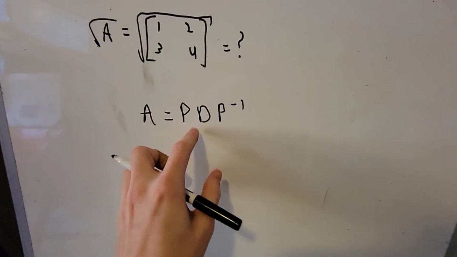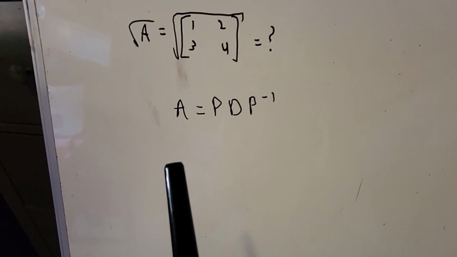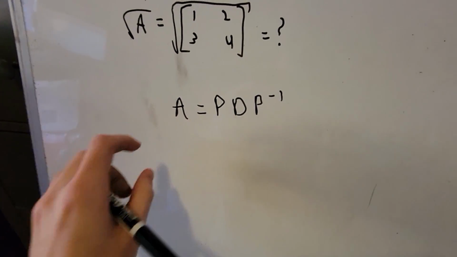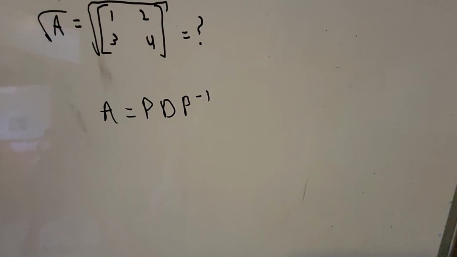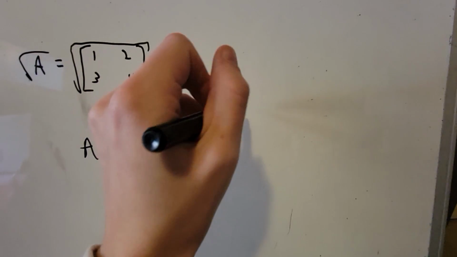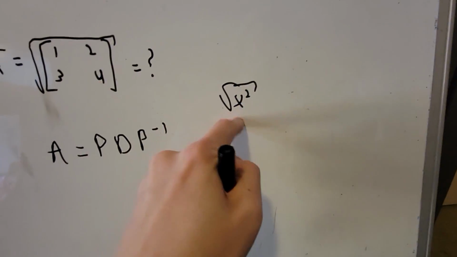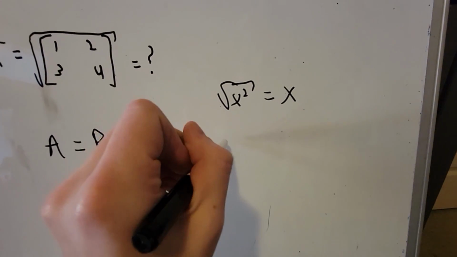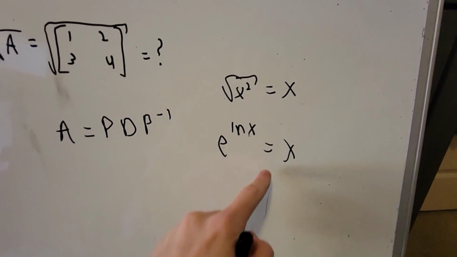And we want to figure out matrices P, D, and P inverse that do this. This is called diagonalization. P and P inverse are inverses of each other. So what an inverse is, for example, is that square and square root effectively undo each other. So this is x: e to the ln x, that's just x, basically.